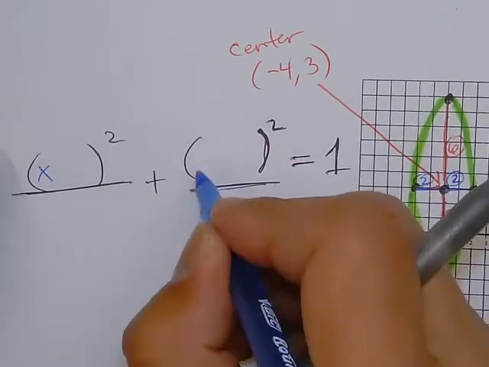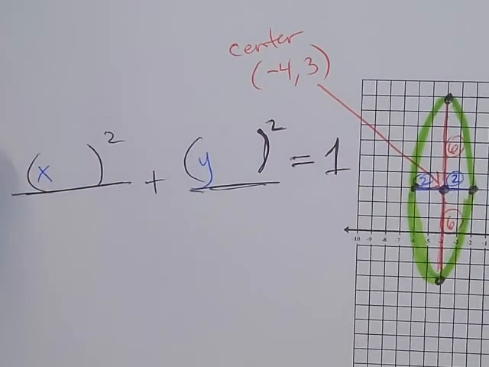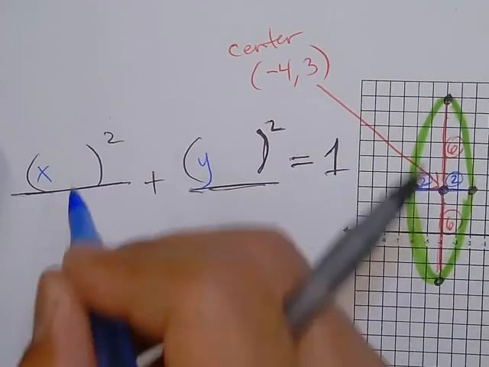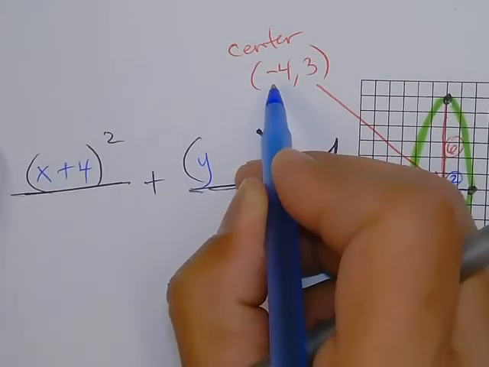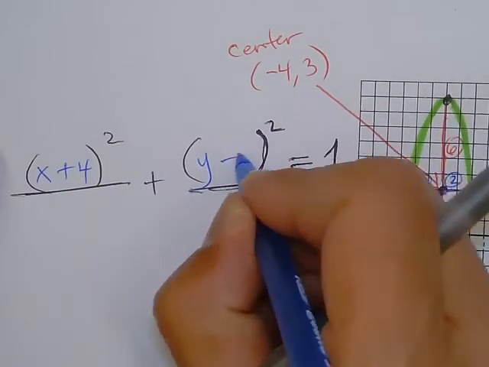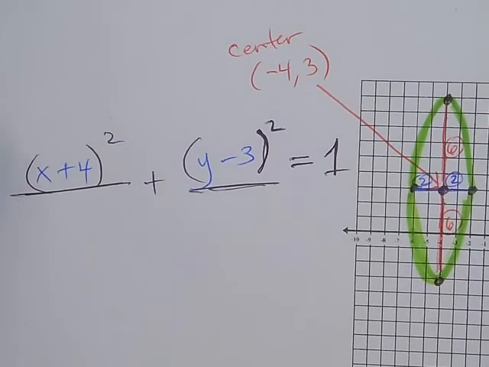The top is the center. So what's going to have to happen here? Well, this is the one with the x. This is the one with the y. What should I put here? Plus 4. Remember the opposite. This one's going to be what? Minus 3, correct?